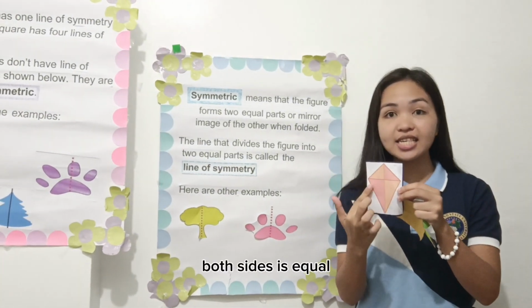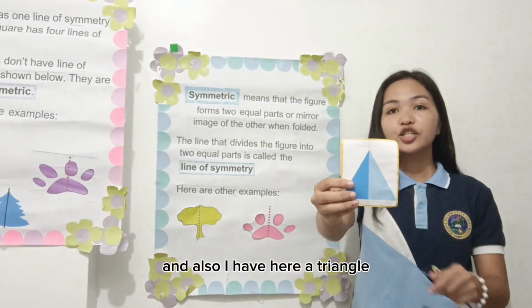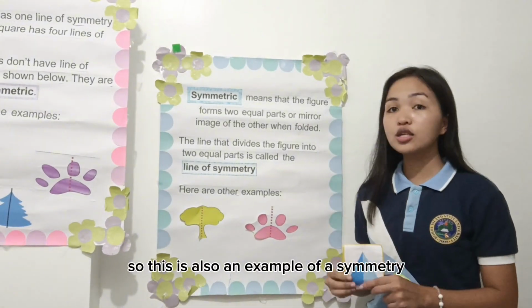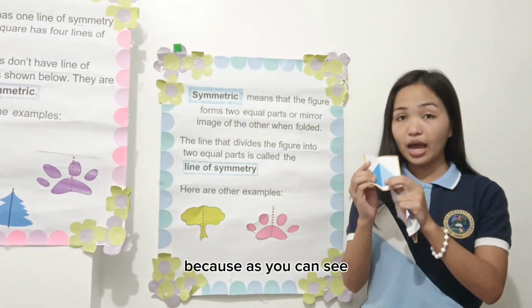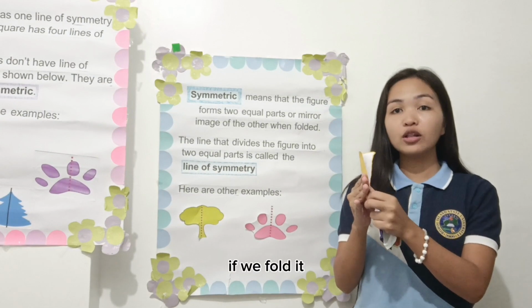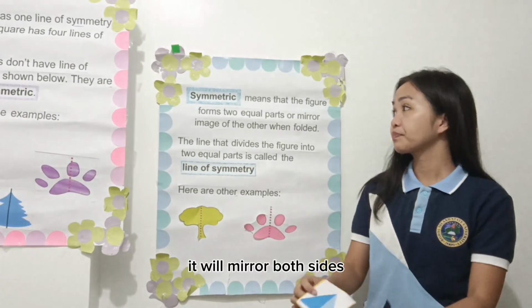Both sides are equal. And also I have here a triangle. So this is also an example of a symmetry, because as you can see, if we fold it, it will mirror both sides.